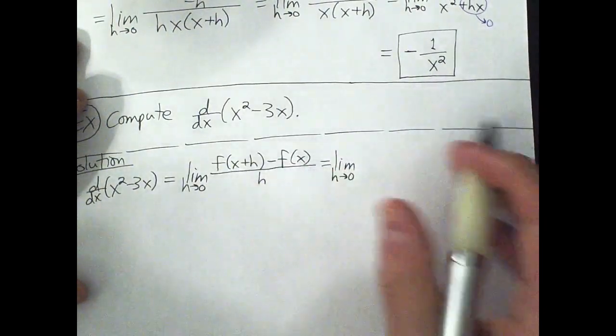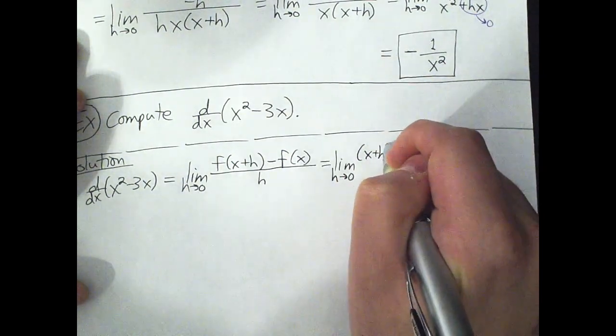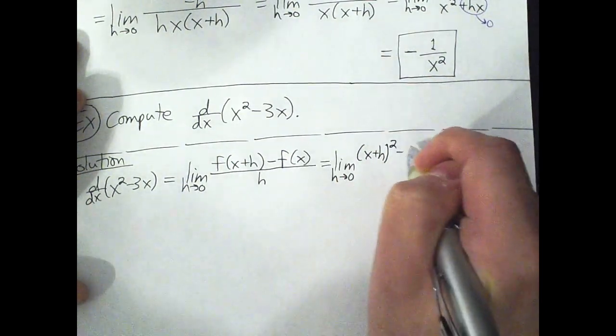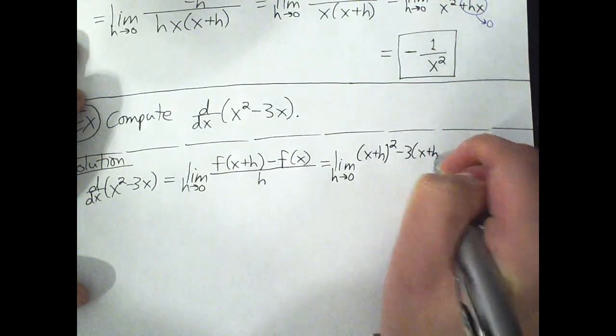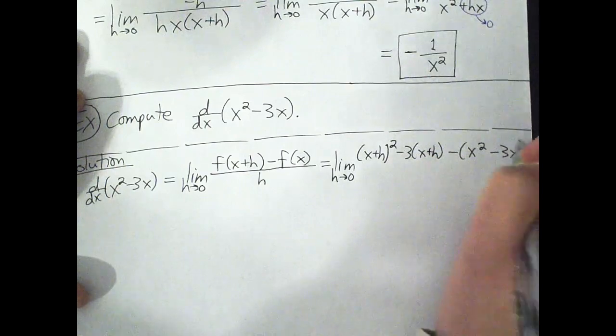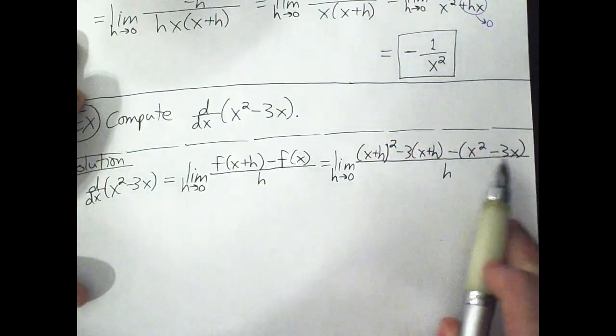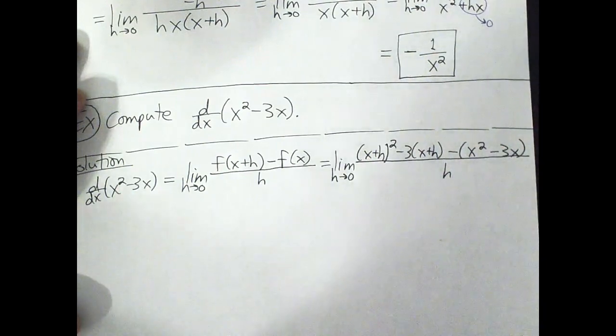f of x plus h is (x plus h) squared minus 3 times (x plus h), minus (x squared minus 3x). Notice the parentheses that I put there. You need to either put parentheses here or distribute the minus sign.